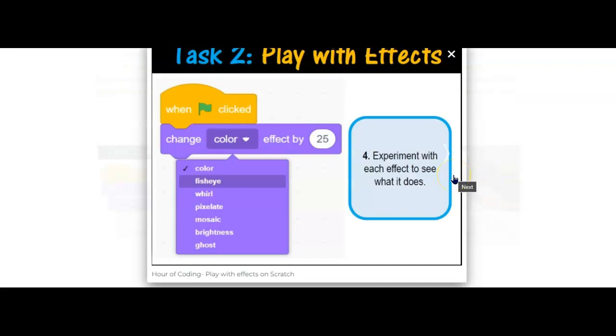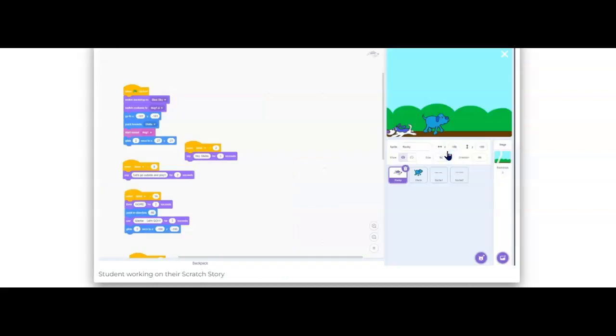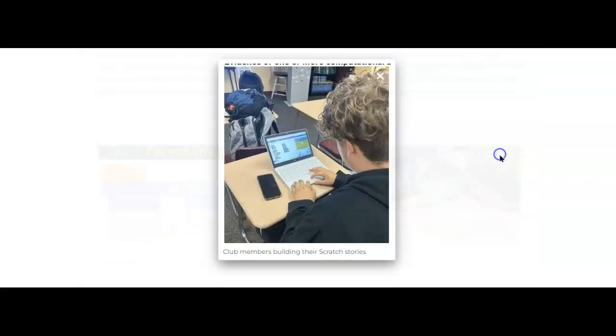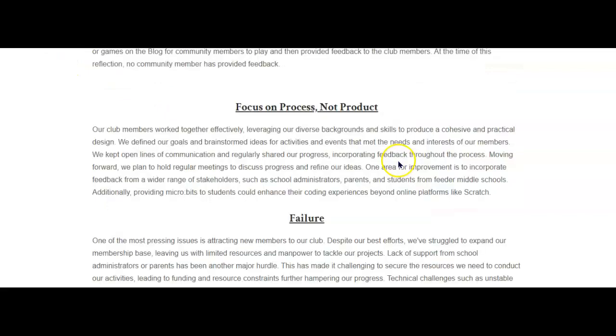Club members were encouraged to play with certain effects on the Scratch interface, as well as look at what features it offered through sound and automation. And then they were encouraged to collaborate and team up with their club members to share the ideas that they had as they were designing their digital storytelling.